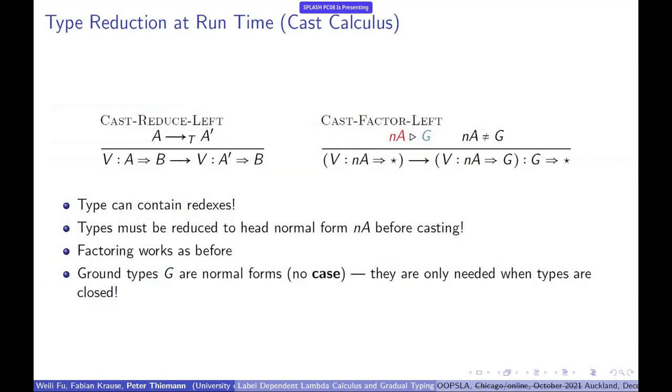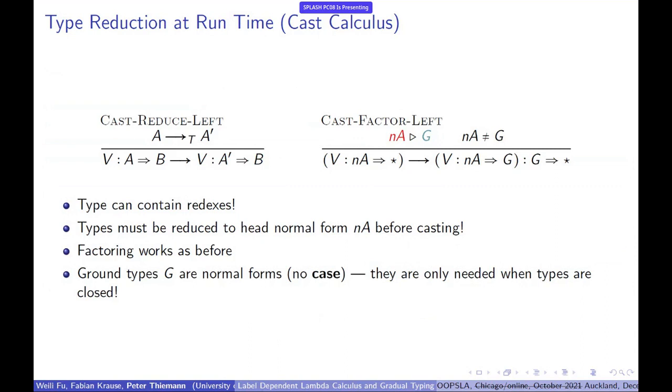All right. Now, last glance at casts. So I said before, in simply typed settings, dealing with the cast is not much of a problem. But here, it turns out that if you have a cast, before you can execute the cast, A here may be a type that contains variables, right?